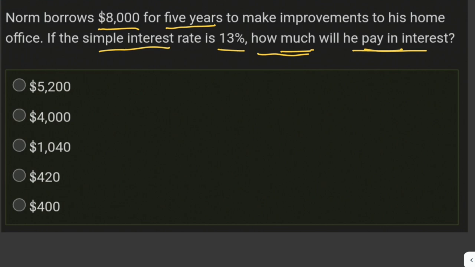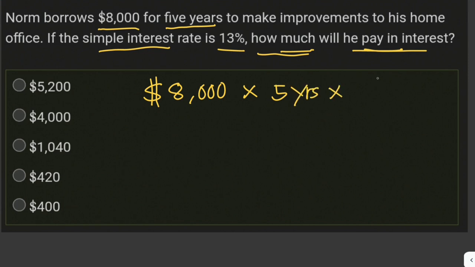So in this case, we just have to multiply the amount Norm borrows, which is $8,000, times the number of years, which is 5 years, times the interest rate, which is 13%. So this is the expression of the amount he will pay in interest.